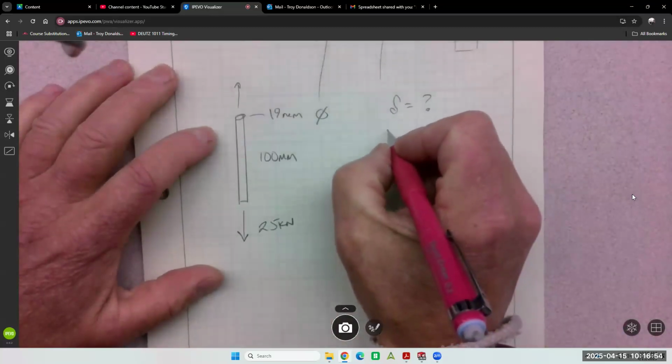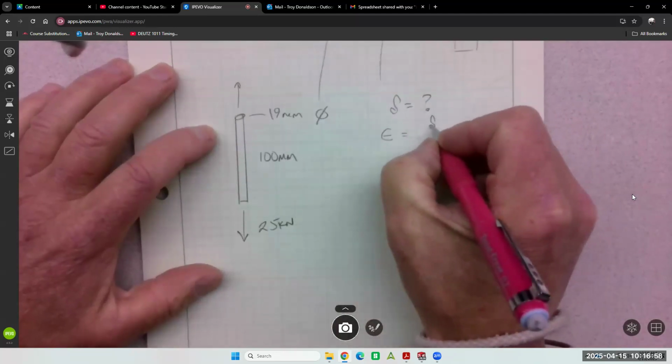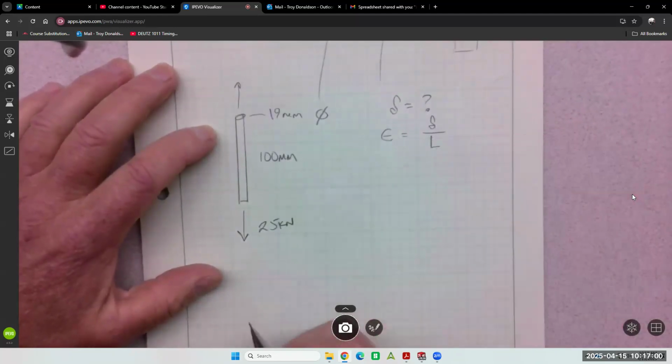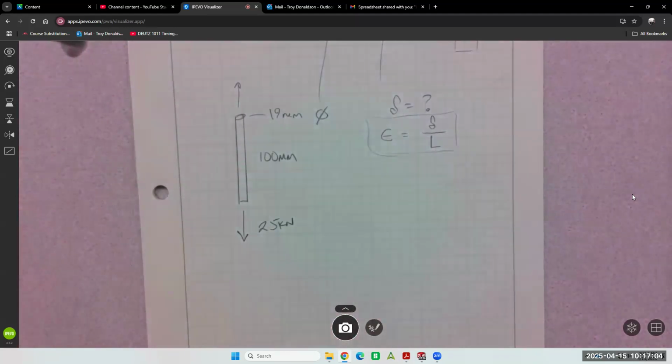So we introduced strain, and that was this epsilon. The strain is equal to the change in length over L. That's the first thing we talked about. If we do know the change, there's instrumentation that can give us the change. This is a gauge that you can put on round objects.